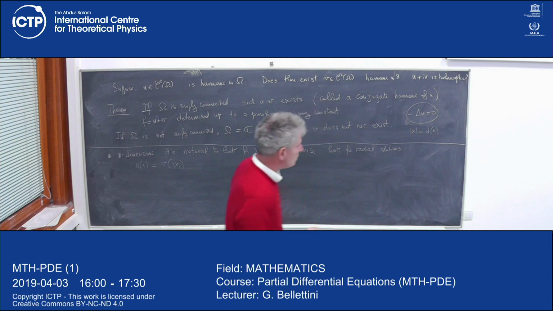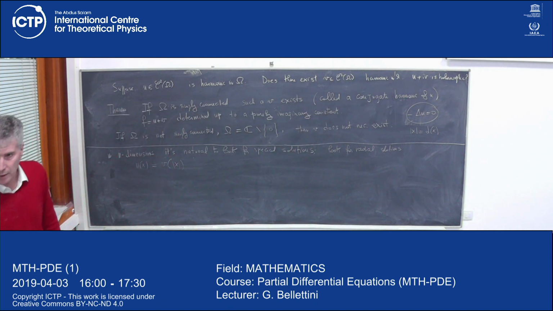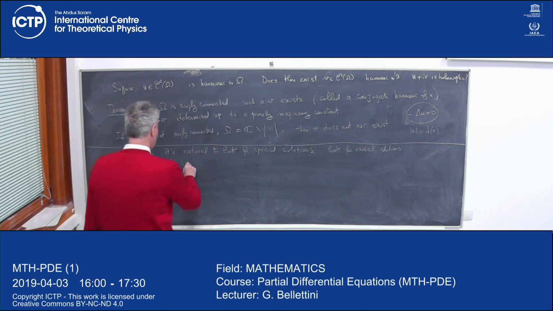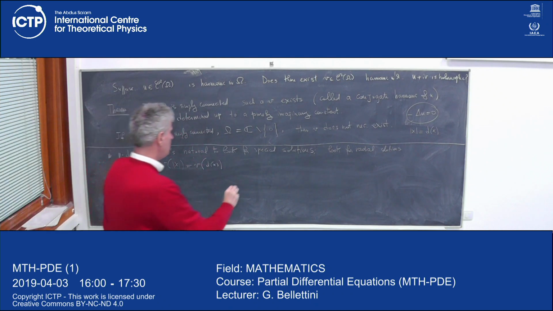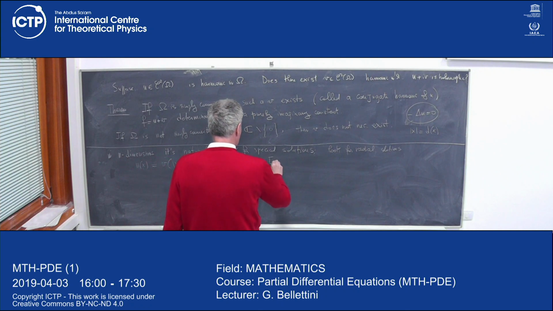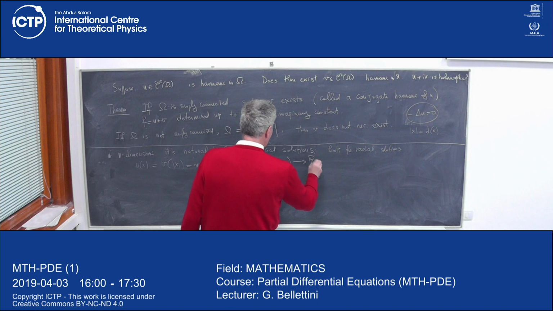This norm of x is just the distance from x to the origin. So I look for v of |x|, and v now is defined from 0 to plus infinity into, say, R.